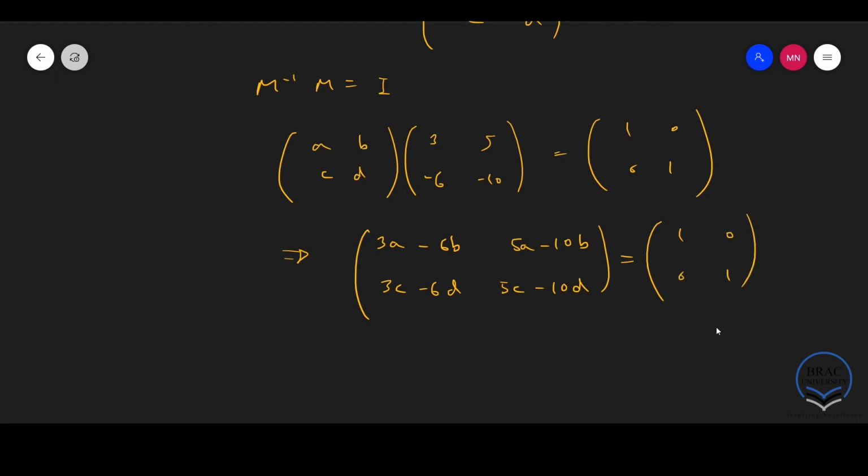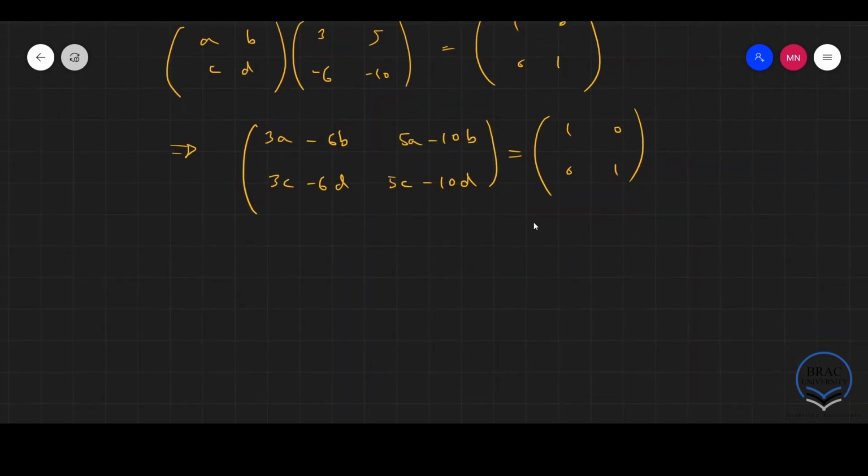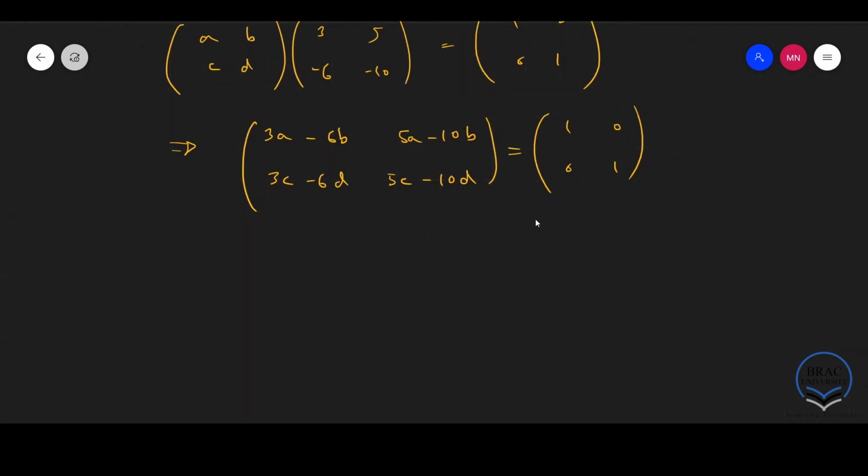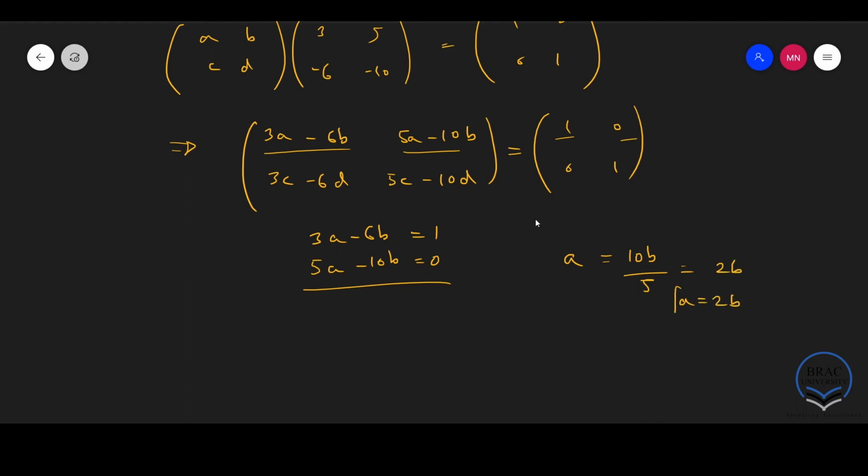Similar to the previous case, we can find another two systems of linear equations. From the first row, on both sides, I have 3A minus 6B equal to 1, and 5A minus 10B equal to 0. Very easily I can use substitution here. I can find that A is equal to 10B by 5, which is just 2B. A is equal to 2B.